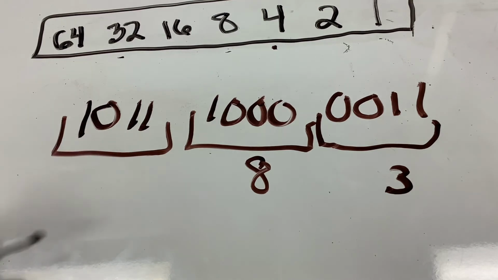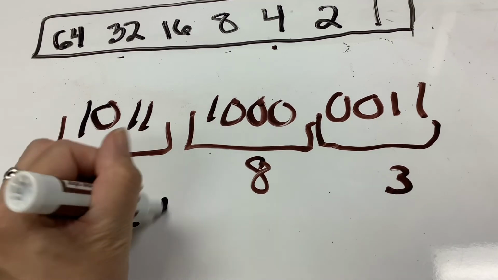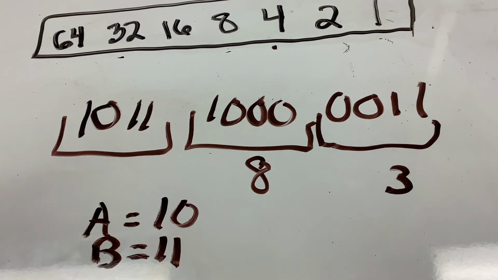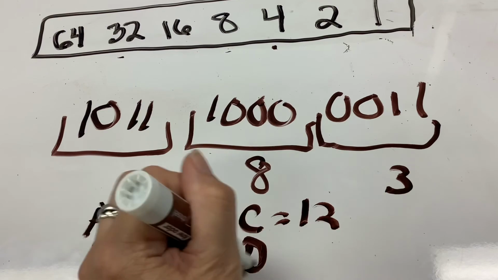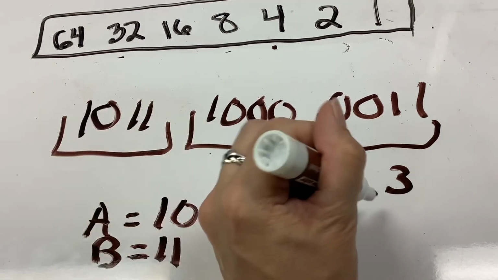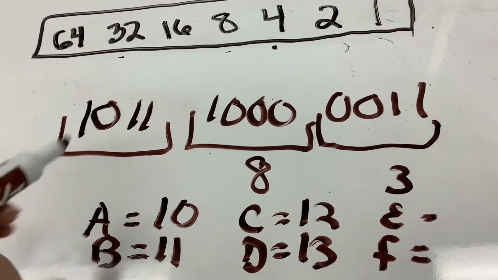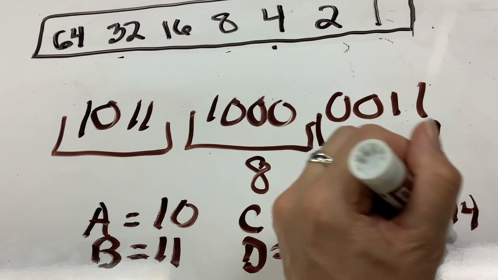And so again, A is 10, B is 11. Just trust me on it. Don't have to know why. It's just an easier way to write it. And you can't go up any higher in a group of 4. That's why you only go to F at this point.